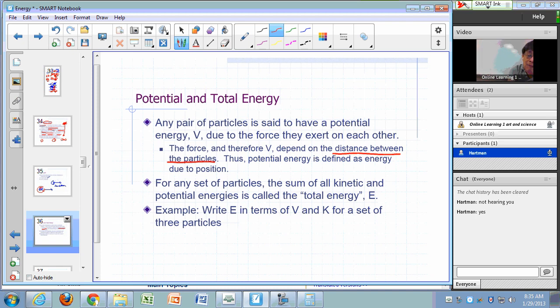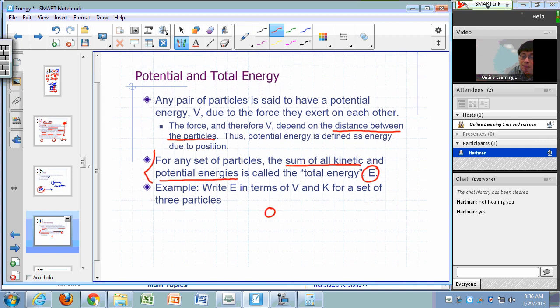For any given set of particles, you can take the sum of all the kinetic energies and the potential energies for all the possible pairs, and you call that your total energy for your particles. Let's look at a simple example. Let's say you just have three particles: particle 1, particle 2, and particle number 3. What would be the total energy for this set of particles?